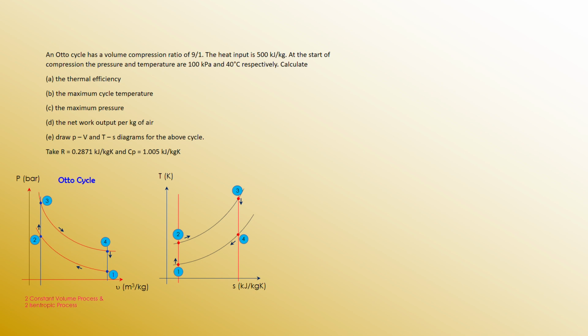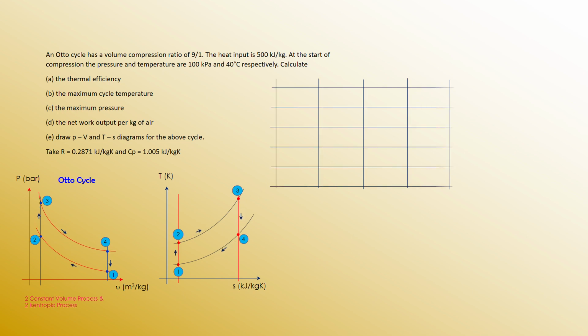So I've drawn the diagrams for you, both the PV and TS diagram. Remember, the Otto cycle or petrol engine cycle consists of two constant volume processes and two isentropic processes. It goes in clockwise direction, remember that.